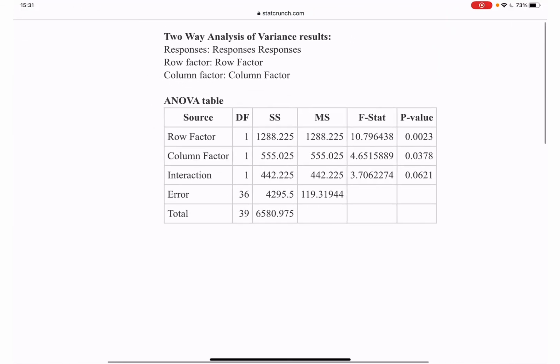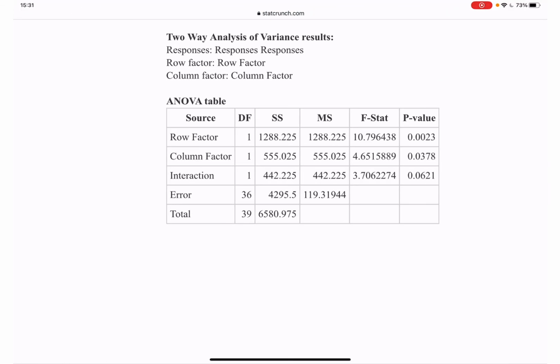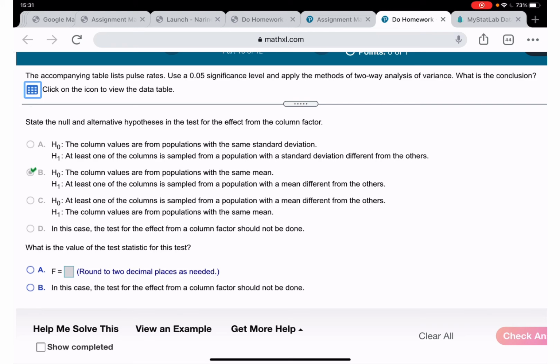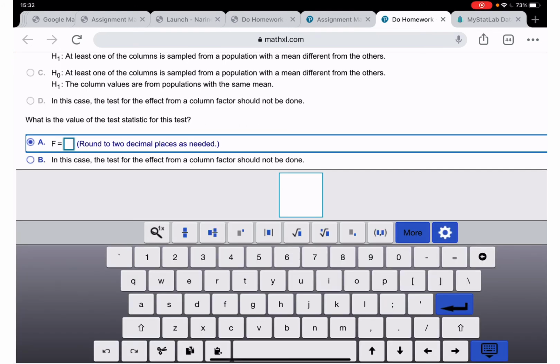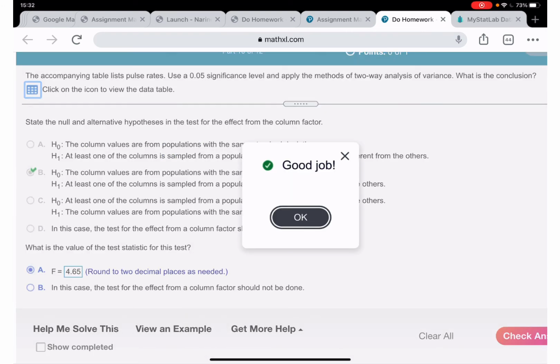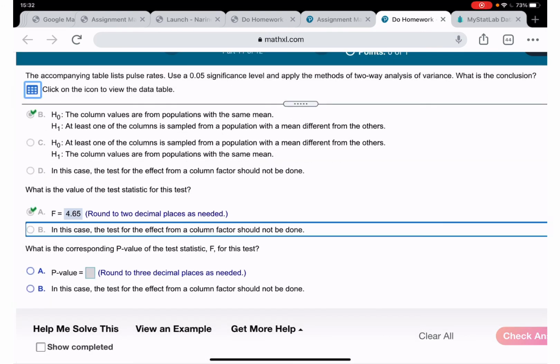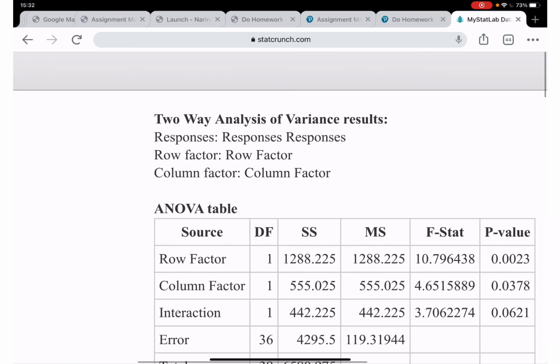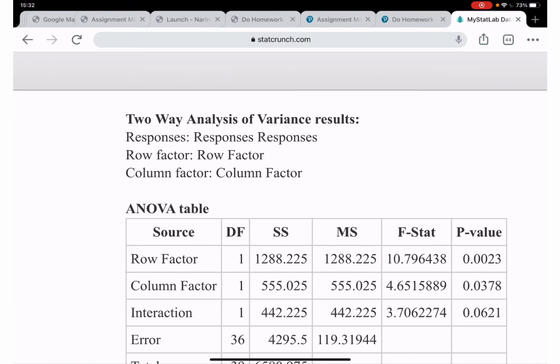So we are testing the column factor, which gives an F statistic of 4.65. Good job. And then the p-value, 0.038.